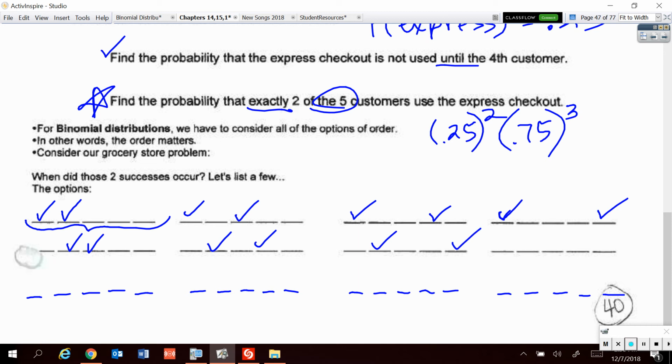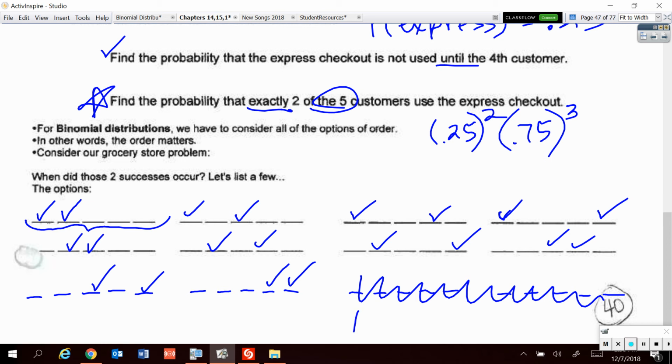Then what? 3rd, 4th; 3rd, 5th; 4th, 5th. So how many possible combinations? 10. Now, I will tell you right now, it is purely coincidence that n is 5, and we want 2 successes, and that 5 times 2 is 10. That is not the reason why, okay?